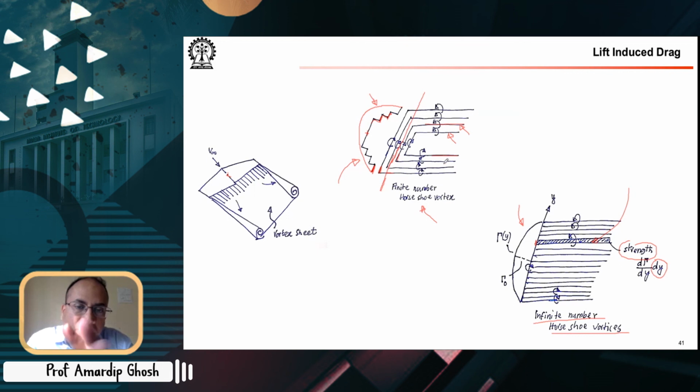So if you make it infinite, it can be shown that the strength is nothing but d by dy of the circulation multiplied by the thickness of this element. So that much circulation strength is actually taken up by this particular line vortex.